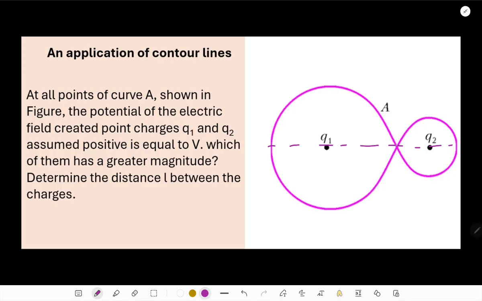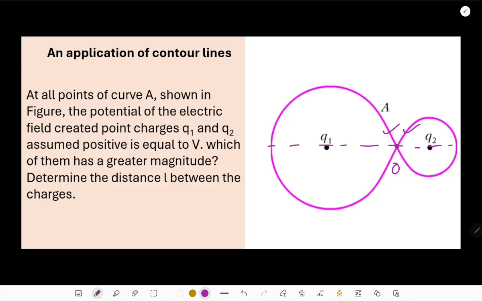there is a special point, just name it O, and at this point O, where the curve intersects itself, the direction of normal to the equipotential surface, hence the direction of electric field E, is not defined, because for both curves at this point, you cannot find the direction of electric field.